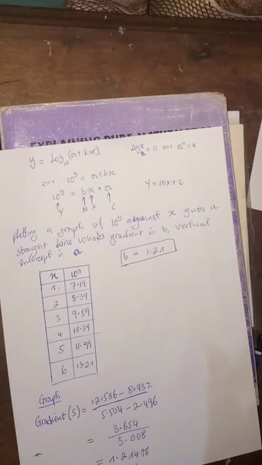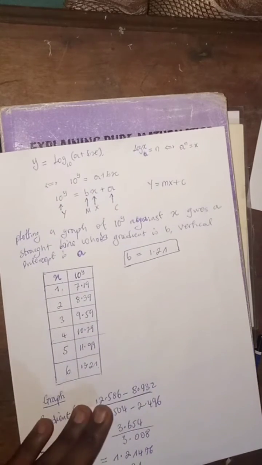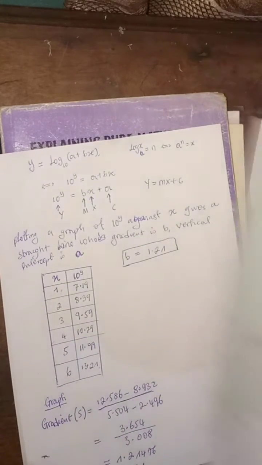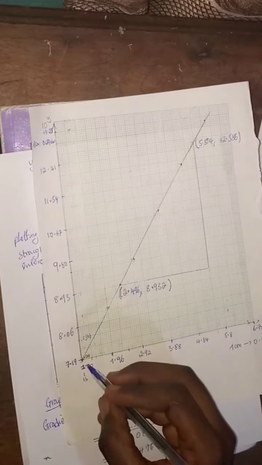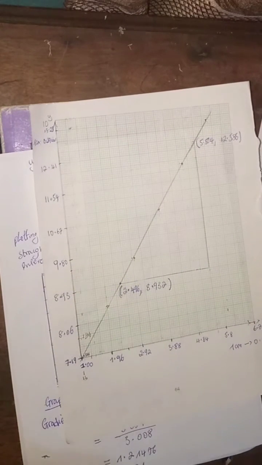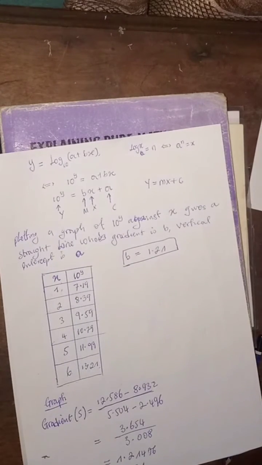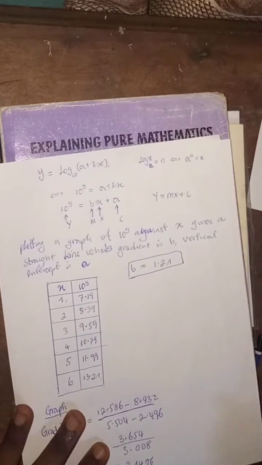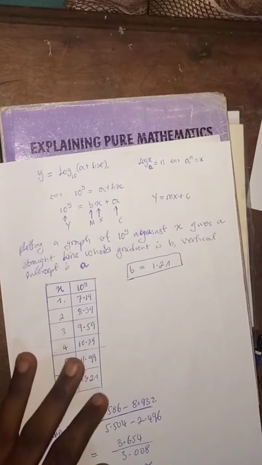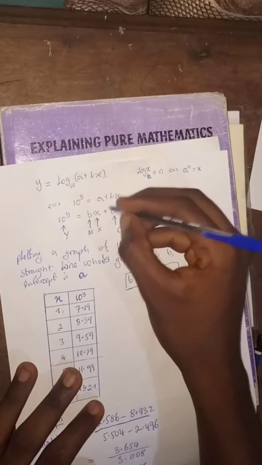Now the next is this other one. To get the value of A, we cannot actually see where the graph cuts the vertical axis, right? But since we have contracted the two axes, we are not going to use the graph to read off the value of A, that's the intercept.